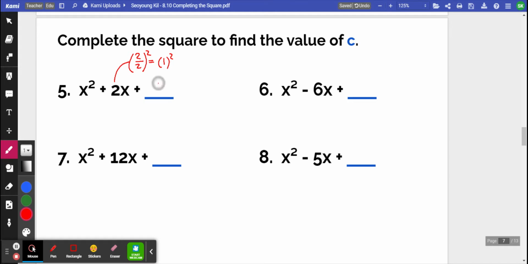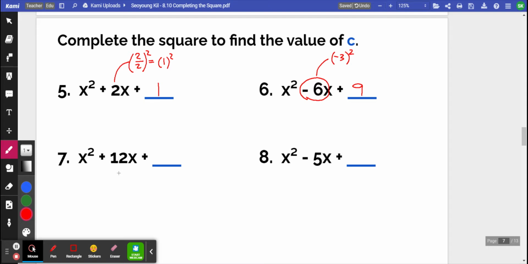So 1 times 1 is 1, so that's how I complete the square for number 5. For number 6, again, we take the b term, figure out what half of it is, in this case -3, and then I square that number to figure out our new c term. So for number 6, it's plus 9.